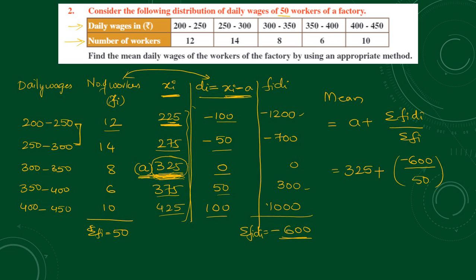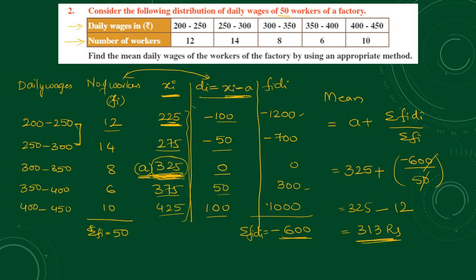This is within the bracket. So the zeros are gone. In the 5 table, how many times are you going to get 325? So here clearly it is minus 12. So 325 minus 12 is 313 rupees. So what is the mean average of the daily wages? It is nothing but 313 rupees.